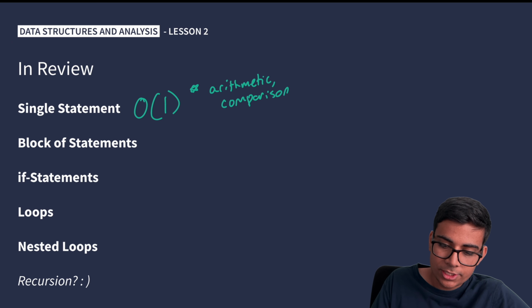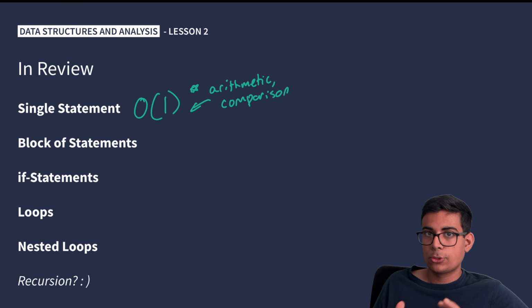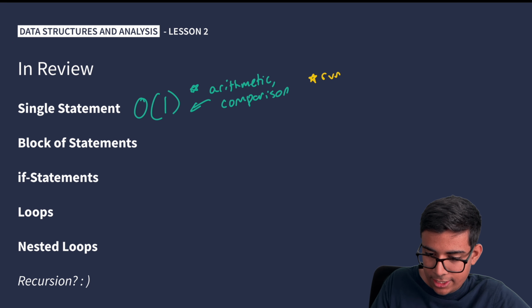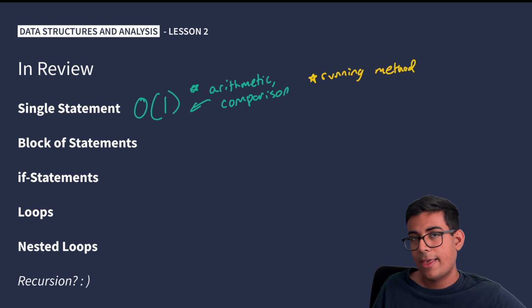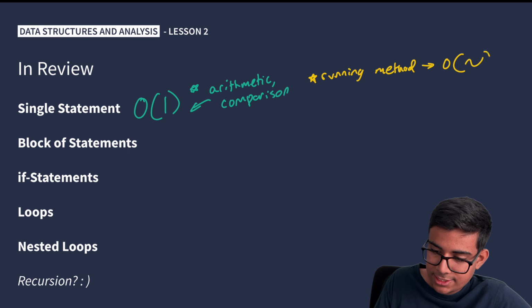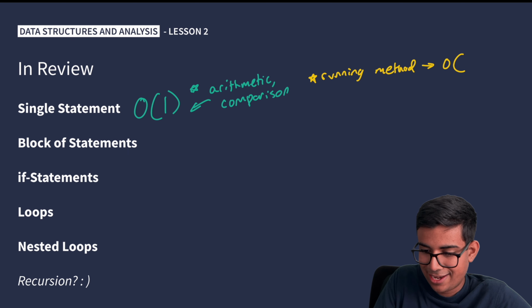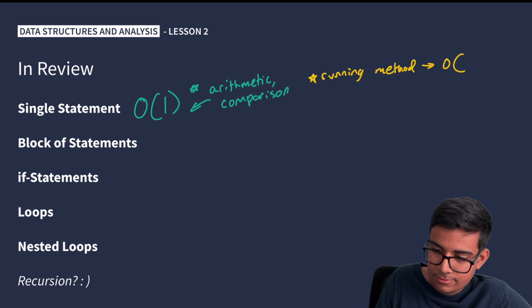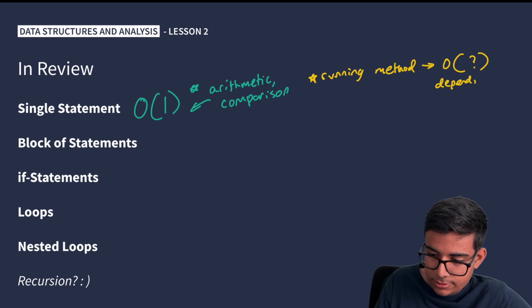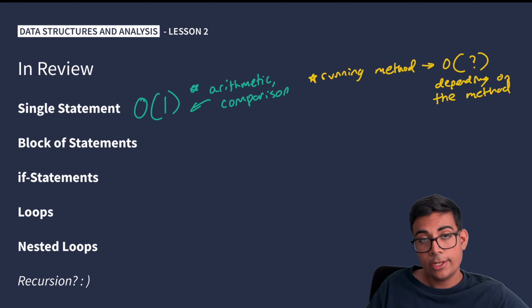So this is really for arithmetic comparison, single statements. But if you're running a function or a method, and I might be referring to functions and methods very similarly, but in Java they're mainly called methods and in other languages they're called functions, this is going to be O of something, depending on the method. So that's something really important.